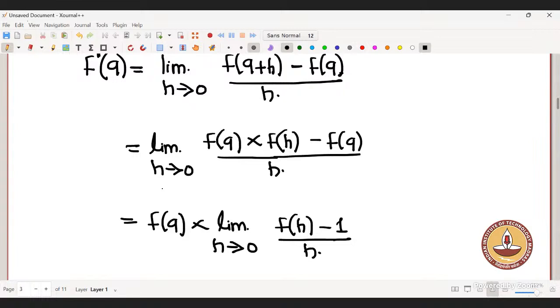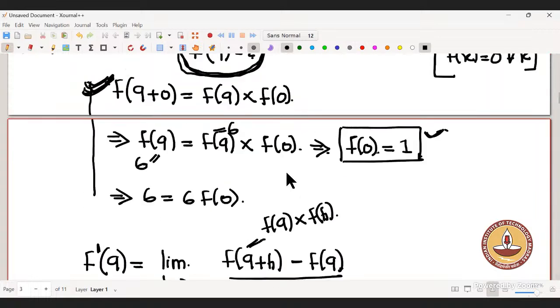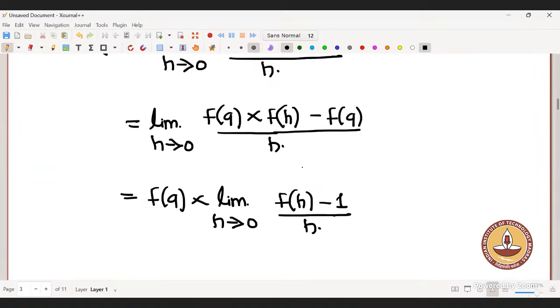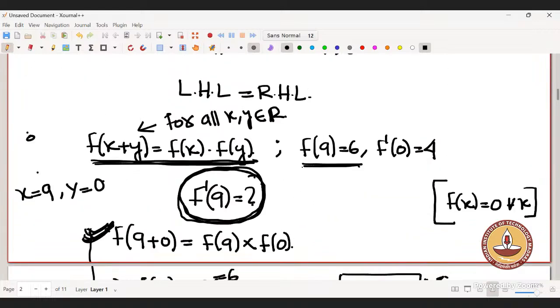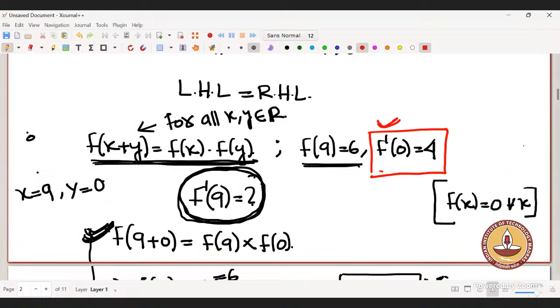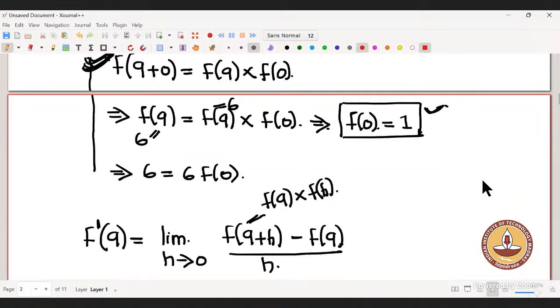Now you asked why we are interested in f of 0. We are using the derivative, and as you can see, f dash of 0 is already given in the question, and we already have a term which contains f of 9. So somehow you have to use this given value to compute the answer.